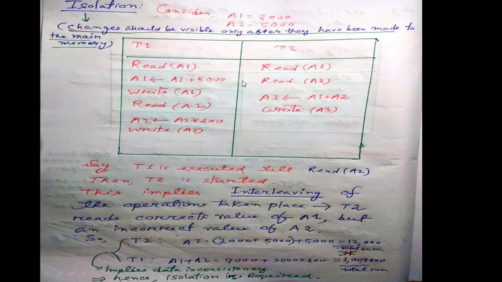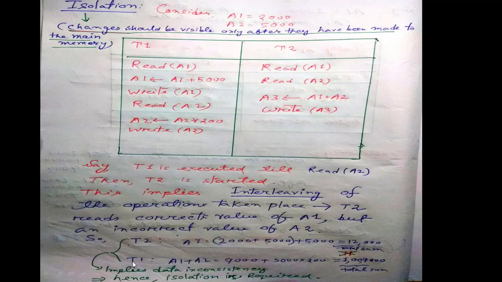As the operation A2 cross 200 has not taken place when T2 started reading A2, it will take just the old value of A2. So overall, we get 12,000. So for T2, we get the total value as 12,000.